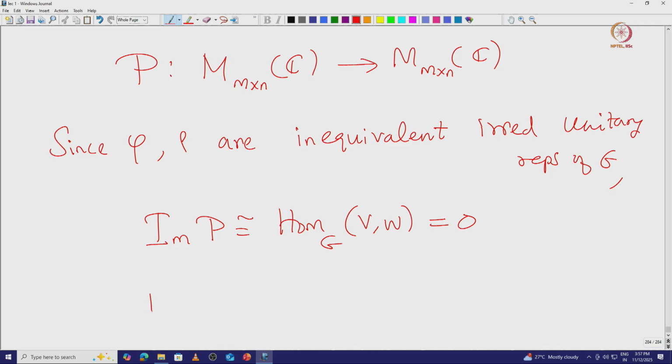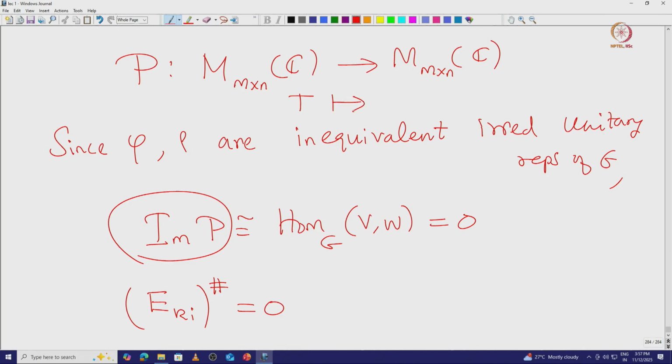So, that means this T hashtag is supposed to be 0, because the image of P itself is 0, which is the map T goes to T hashtag.